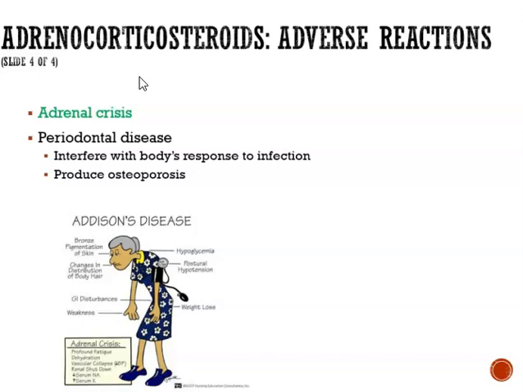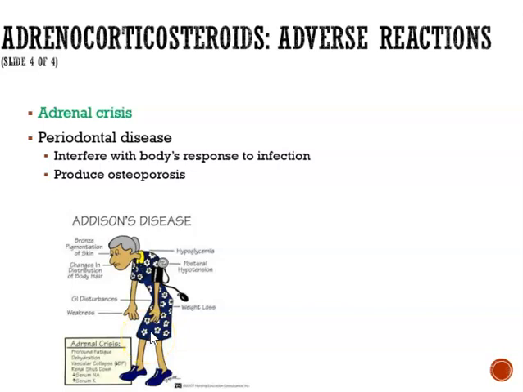And so because our adrenal glands may not be working as well, because if we're taking prednisone or hydrocortisone for a long period of time, it takes a long time for our body to produce cortisols. And because our body is not producing it fast enough, what can happen is we can go into adrenal crisis, where we don't have enough cortisols being produced quickly.